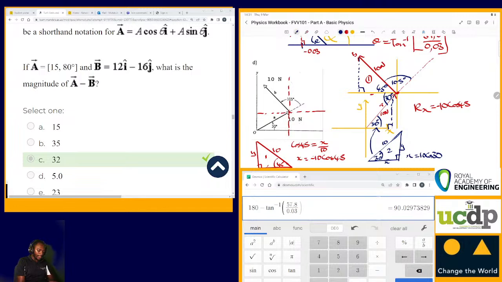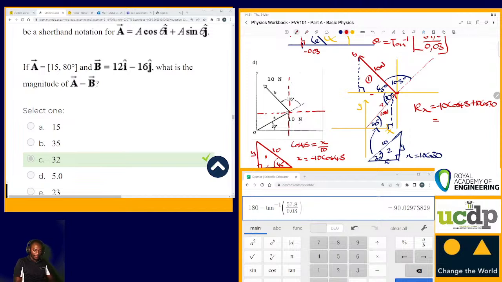This one is already in the positive, so this becomes plus 10 cos 30. Okay, 10 cos 30.